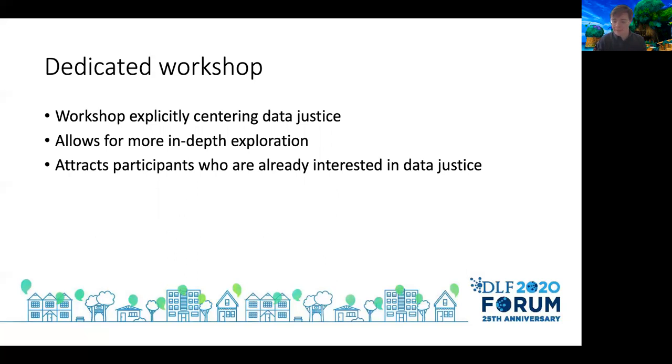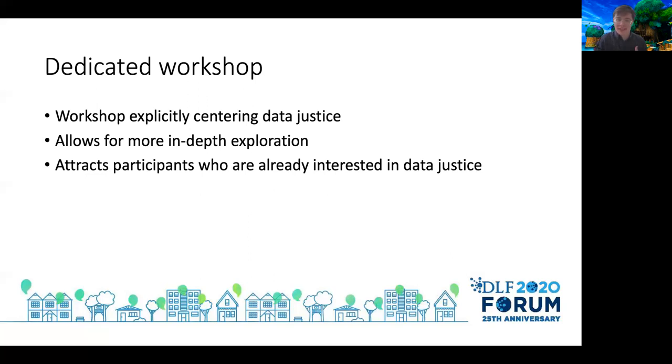This can be helpful because it means that the people in attendance will likely be invested in learning, and they'll likely be receptive to changing their minds or challenging any preconceived notions that they have about data. At the same time, it also means that your workshop might not reach people who either aren't interested in what you're covering or who just aren't aware that some of these problems even exist.